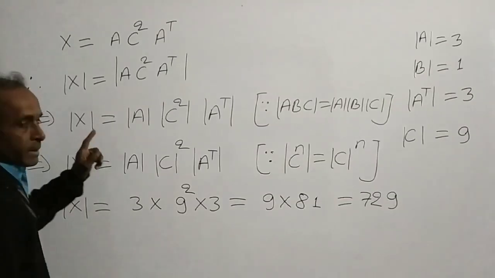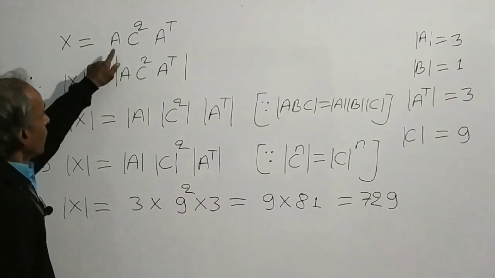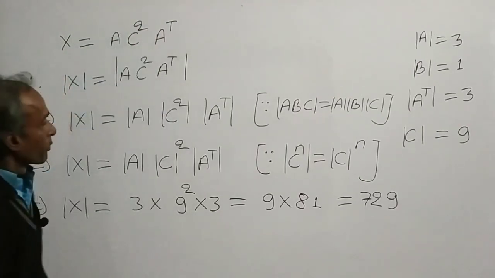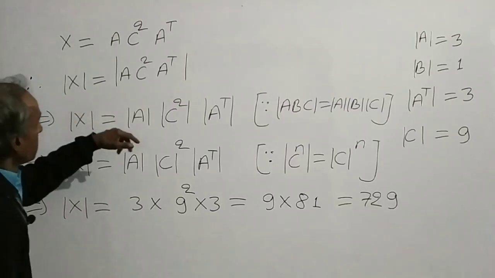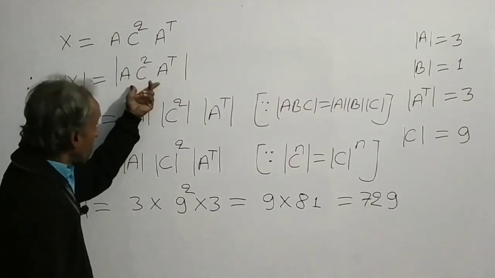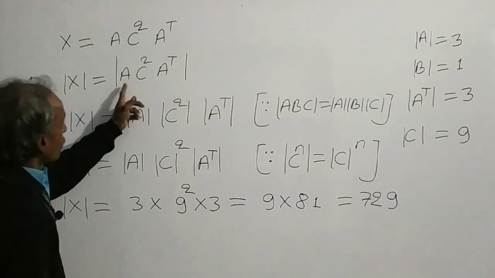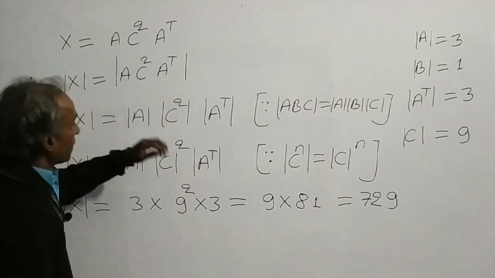It is given in the question that matrix X is equal to A C square AT. Therefore, determinant of matrix X will be equal to determinant of this product. Here is product of 3 matrices A, C square and AT.